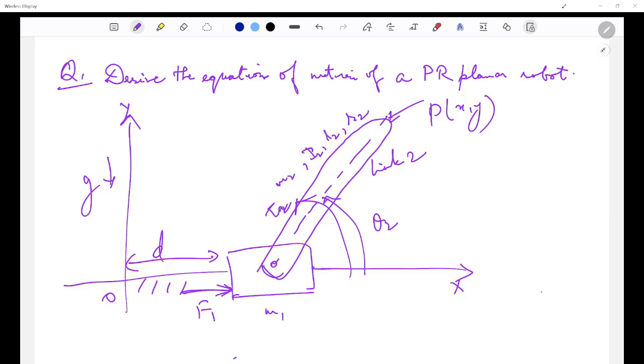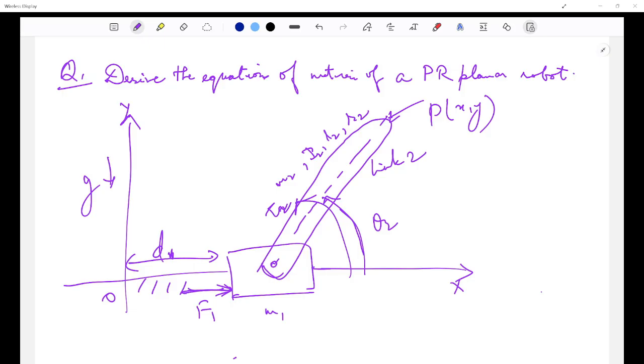So a force F1 acts along link 1, whose mass is m1, and the translation of m1 is denoted by d1. The second link rotates by theta 2, and its mass, moment of inertia, and location of center of mass are denoted by m2, I2 and r2 respectively.